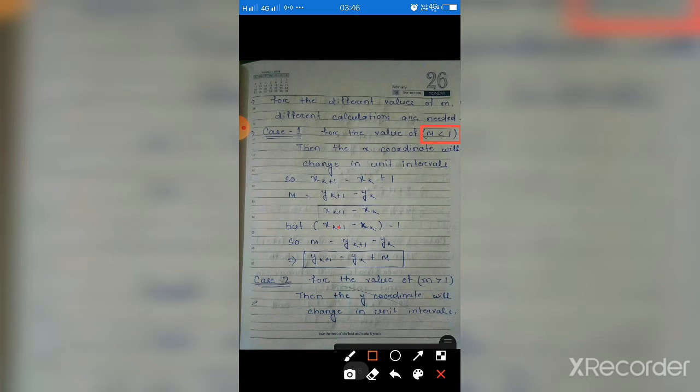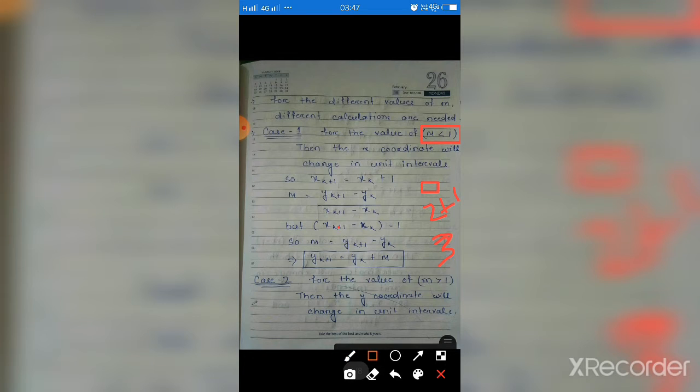Suppose xk value is 2, then xk plus 1 is 2 plus 1, which is 3. So xk plus 1 equals xk plus 1; whatever the previous xk value is, it increases by 1.